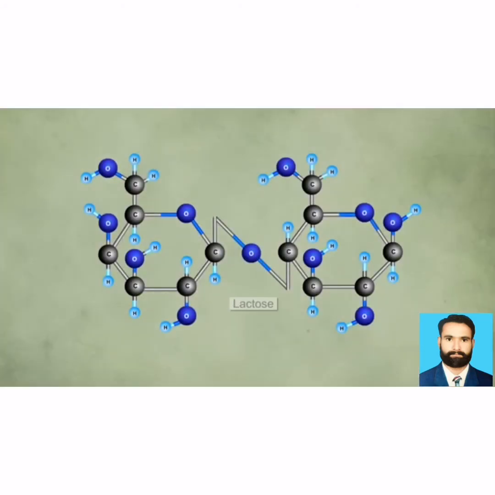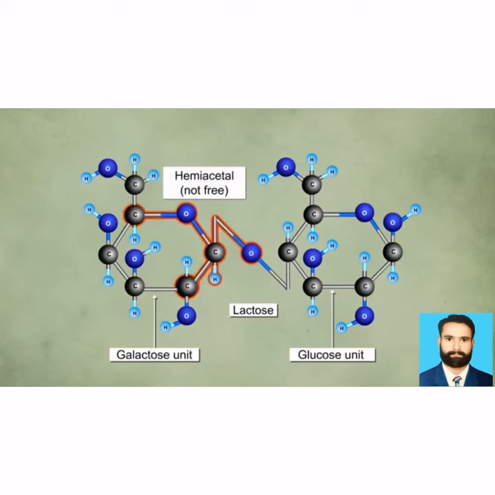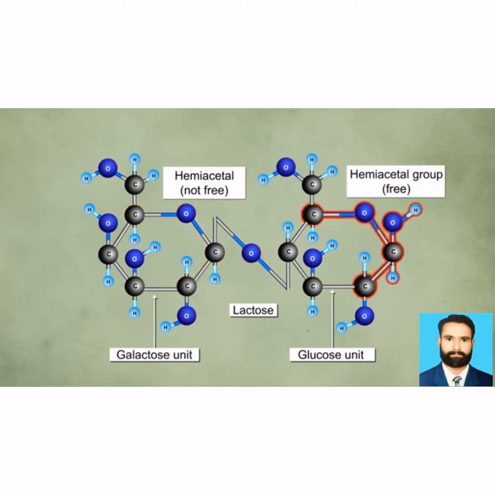Similar to maltose, lactose is also a disaccharide with one galactose unit and one glucose unit joined together by a glycosidic bond. Both galactose and glucose have one hemiacetyl group. However, the hemiacetyl group of the galactose unit takes part in the glycosidic bond formation, whereas the hemiacetyl group of the glucose unit remains free.